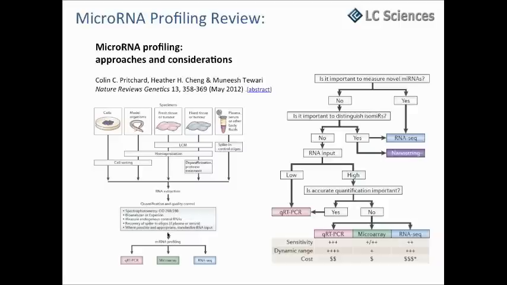It also goes into detail on which method to use and how to extract your RNA depending on the sample type, your starting material. Like I said, it really helps to guide you through the process of finding the right method for your experiment.